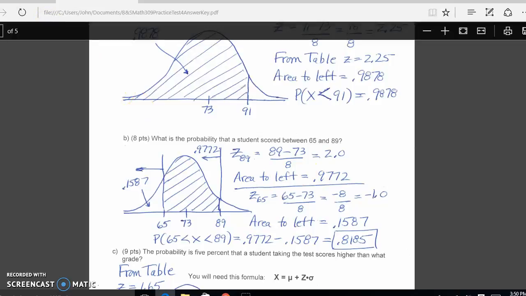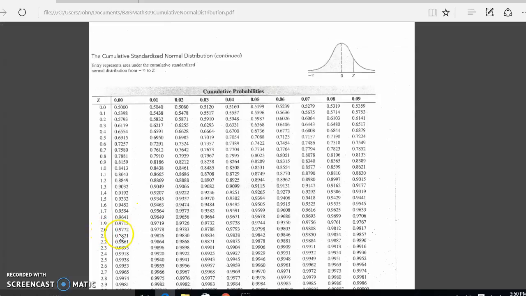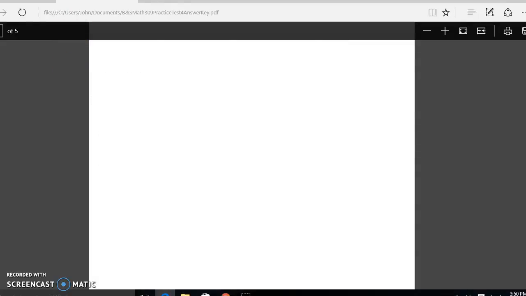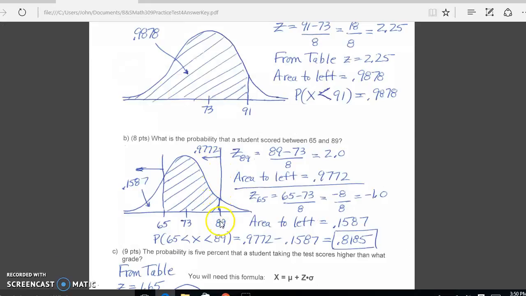And when I go over to my normal distribution table and I look up the value of 2, which is 2.0, I get a value from the table of 0.9772, and that tells me the area to the left of this score, 89. So this entire area to the left is 0.9772.